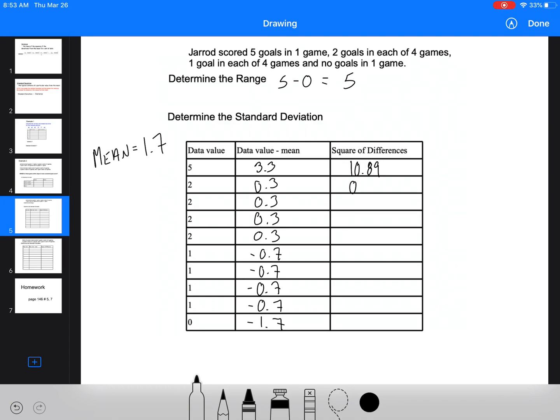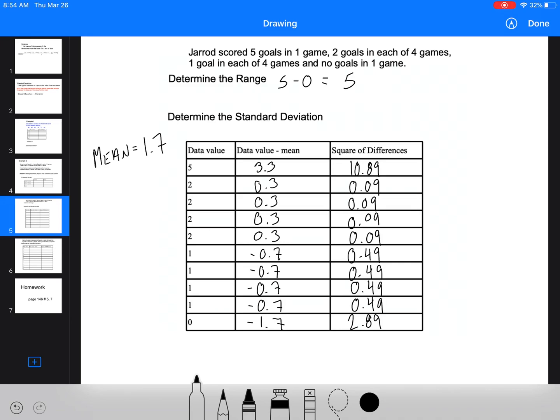The next one, we've got 0.3 squared is 0.09, and that's 0.09, 0.09, 0.09, and then we've got 0.7 squared is going to give us 0.49, 0.49, 0.49, 0.49, and then 1.7 squared is 2.89. Now we have to go through and add all of these together.